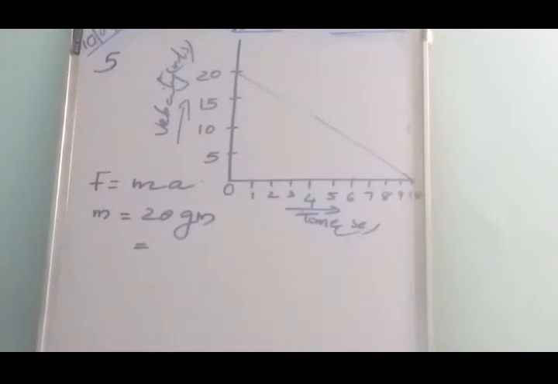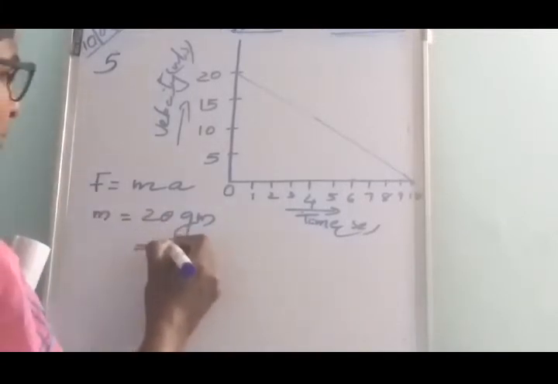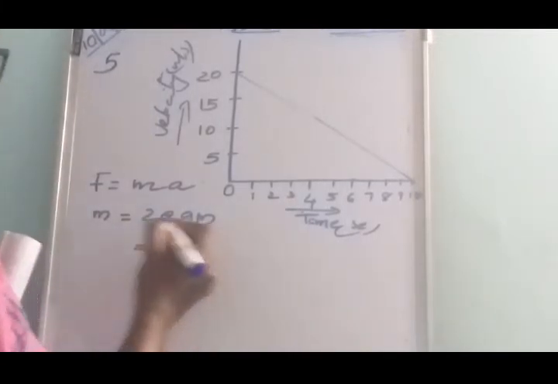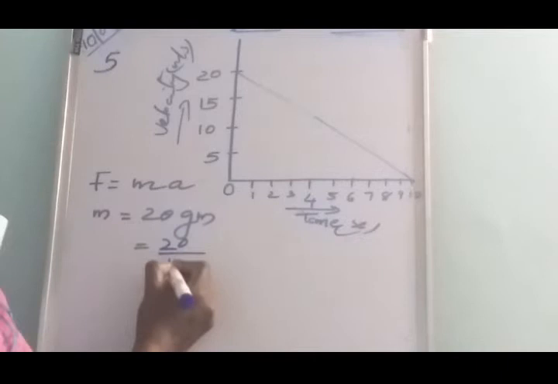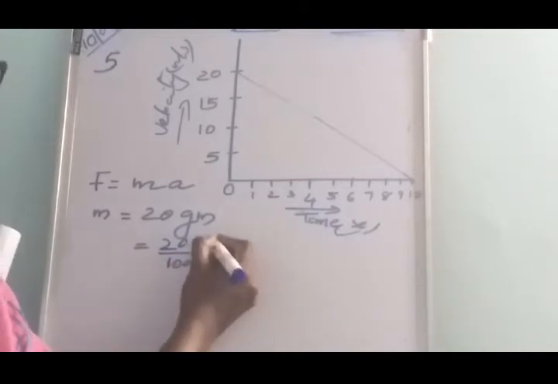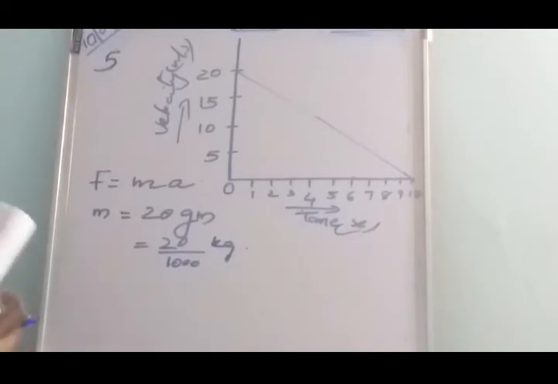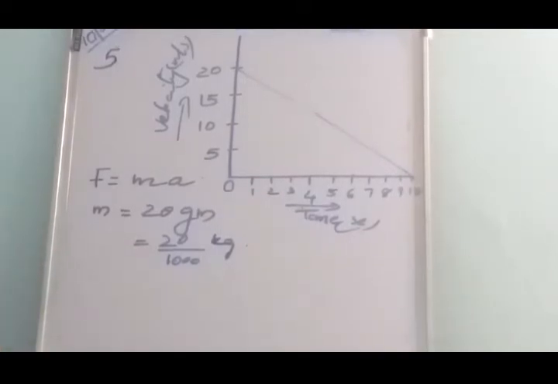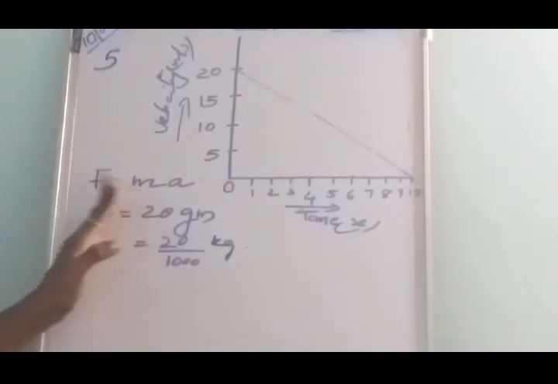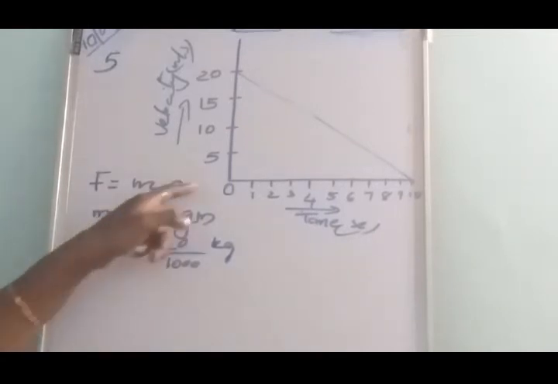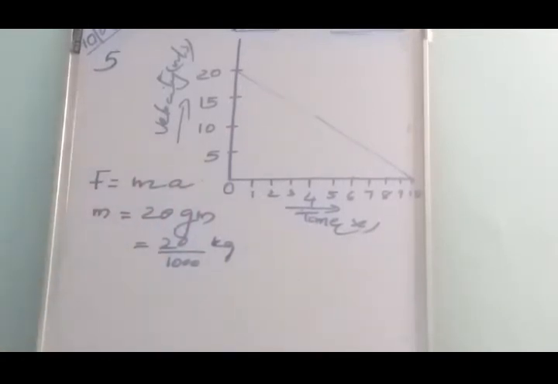We convert gram into kilogram by dividing by 1000, so 20 divided by 1000 kilogram. Then mass we know. But what about a? We don't know it yet, the question does not give it.